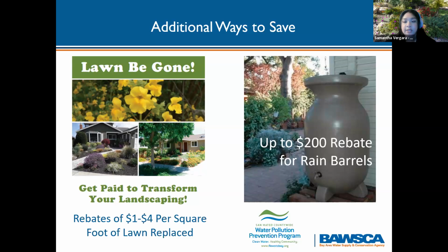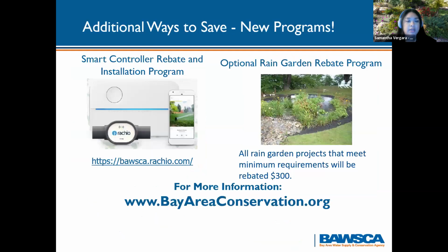They also offer rebates for installing rainwater catchment systems such as rain barrels. As you can see, you can get up to $200 back for installing one at your home. And there are also other rebates for putting in efficient irrigation equipment. You can also get rebates back for putting in a smart irrigation controller or installing a rain garden in your yard.